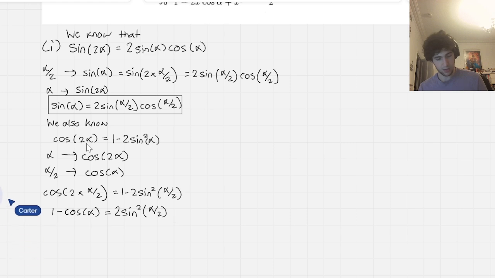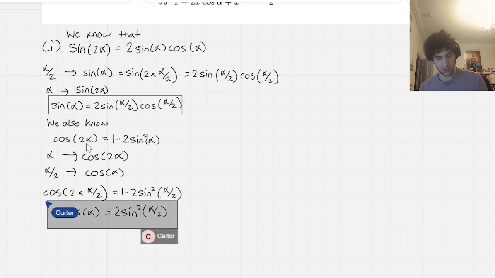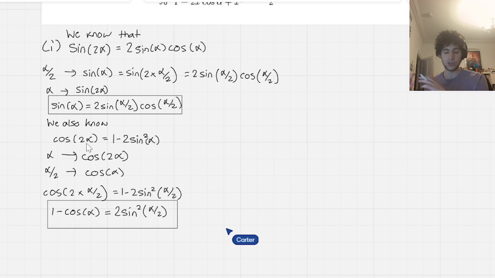Because now, instead of just using 1 minus cosine alpha and sine alpha in our fraction, we can use 2 sine of alpha over 2 times cosine of alpha over 2 and 2 sine squared alpha over 2.